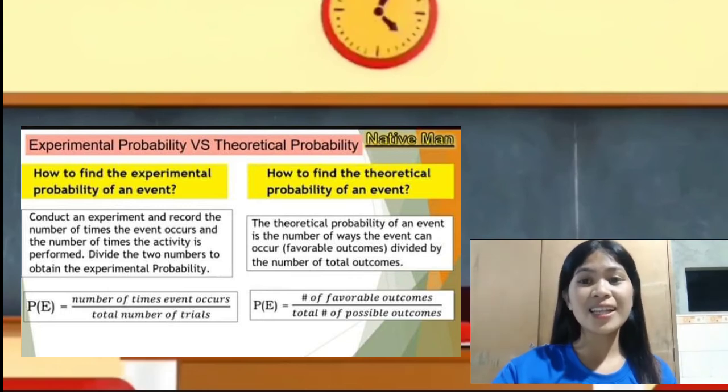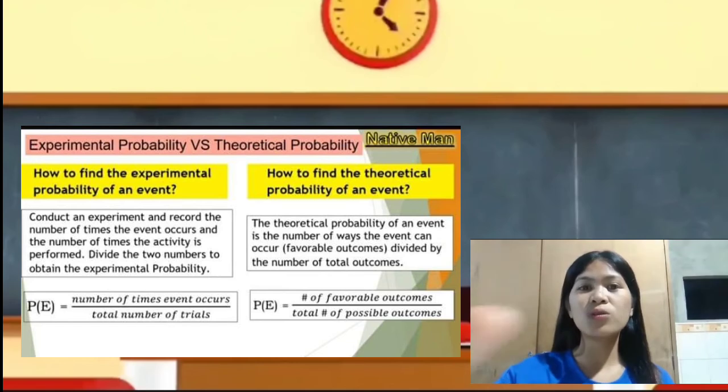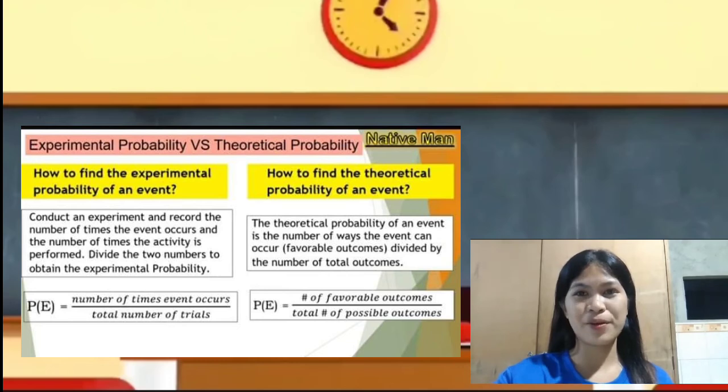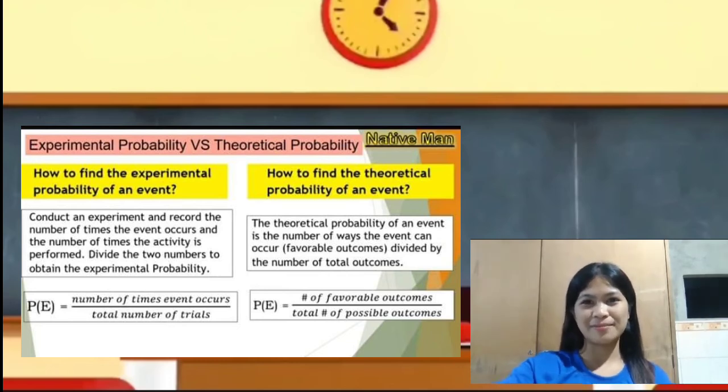Meaning, in symbol, probability of an event is equal to the number of the outcome over the total of possible outcomes. So, if we look at what was shown below, we can see the difference between theoretical probability and experimental probability.